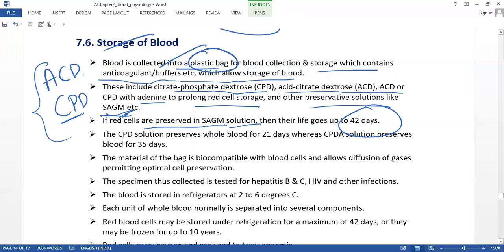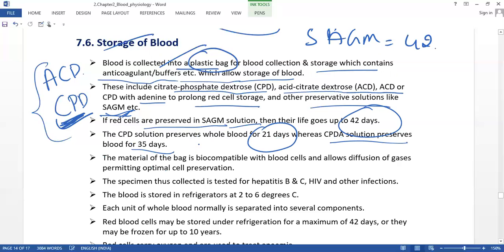In case of CPD, if they preserve under this, it will stay for 21 days, whereas the solution preserved for the blood is 21 to 35 days. Here for the whole blood it is 35 days.